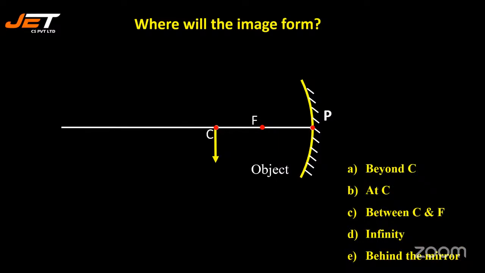నెక్స్ట్ క్వశ్చన్. Suppose object is at center of curvature. Object center of curvature దగ్గర ఉంటే ఎక్కడ ఫామ్ అవుతుంది మనకి ఇమేజ్?